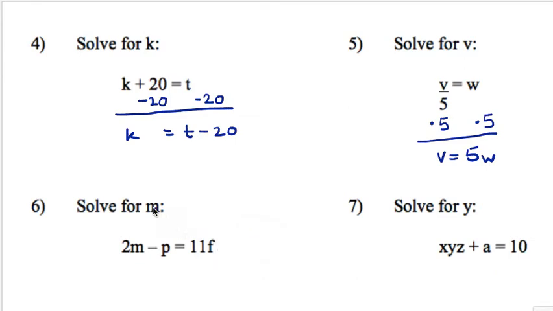All right, solving for m here, we've got 3 variables here, doesn't matter, right? m is stuck in here with a coefficient, and there's a subtraction going on. We're going to add the p to both sides first, right? When we add the p to both sides, we get 2m equals 11f plus p. Now this is a super ugly solution. When we divide both sides by 2, we get this whole big nasty pile over here, right?